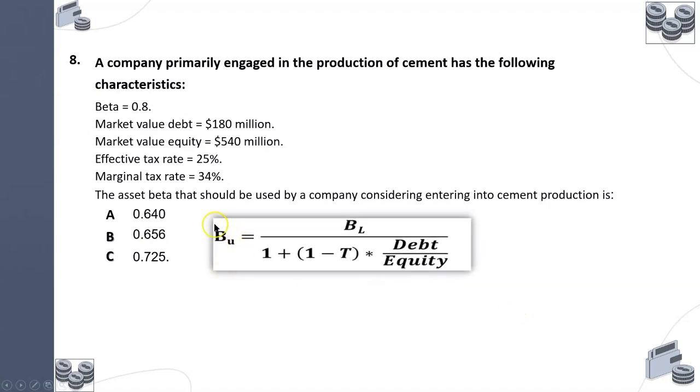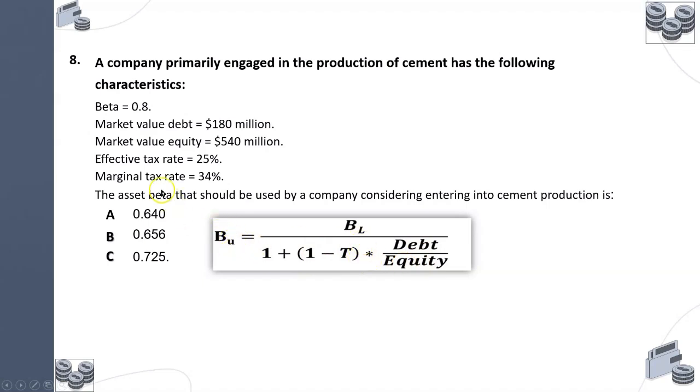The equation says beta unlevered equals beta with the leverage divided by 1 plus 1 minus tax times debt divided by equity.